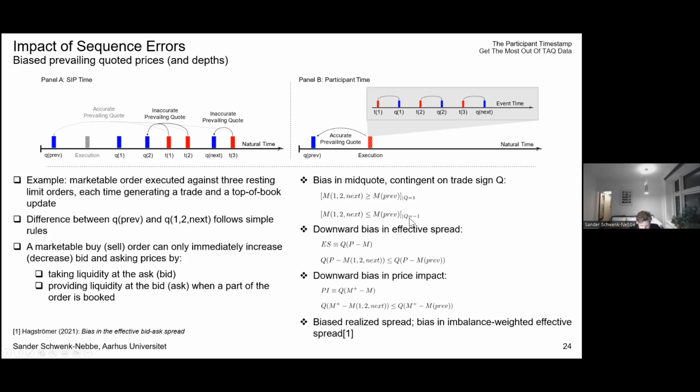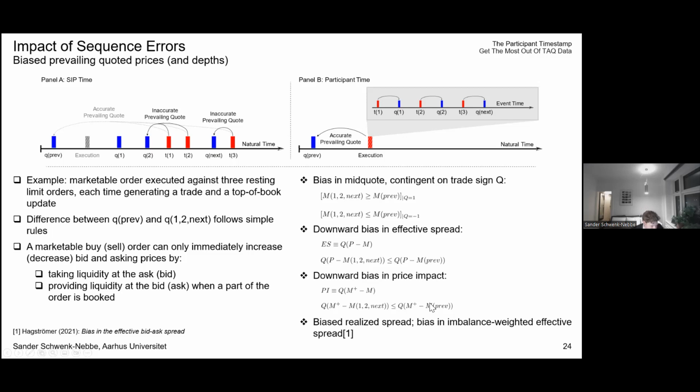And similarly, when we have an active sell order, it's the opposite. So if we use those mid-quotes with sequence errors to compute the effective spread and the price impact, we do get a downward bias. So this one here is indeed smaller or equal to this one, and this one is smaller or equal to this one.